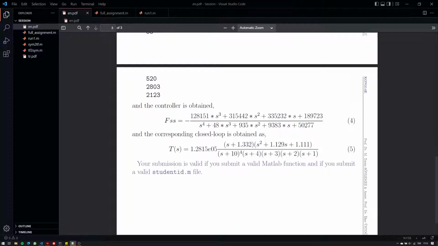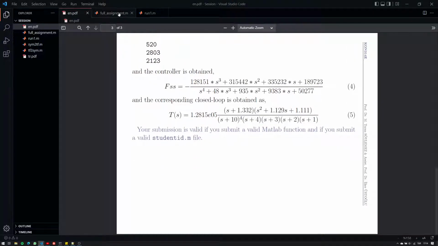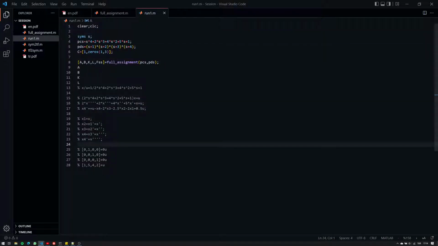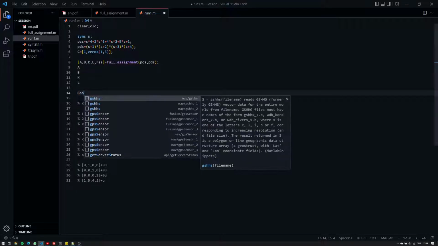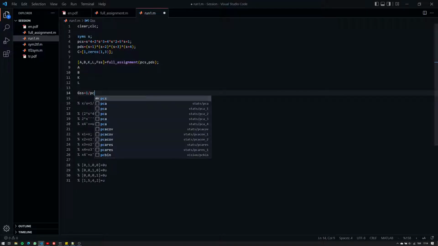the closed loop here? So this closed loop transfer function here. In order to do that, one way is to define G(s) as 1 divided by P(s).